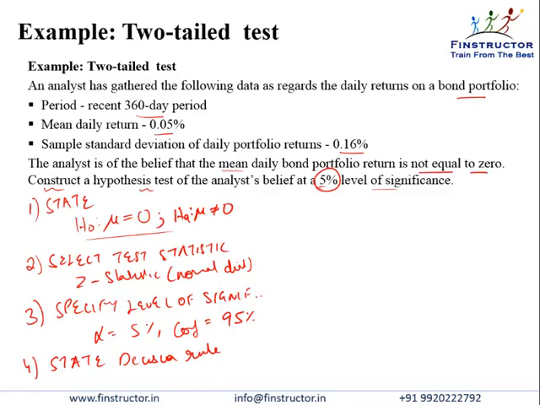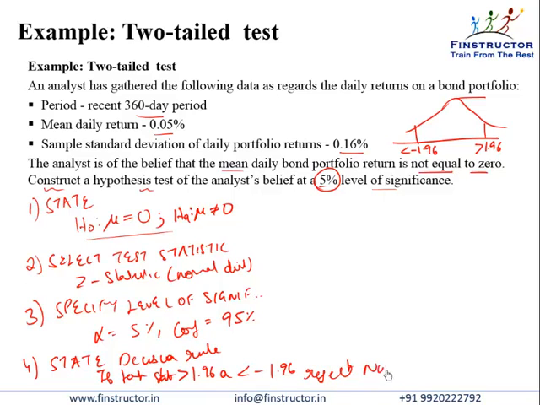The decision rule is, for a 95% two-tailed test, if the observed test statistic is either greater than 1.96 or less than minus 1.96, then we will reject the null.